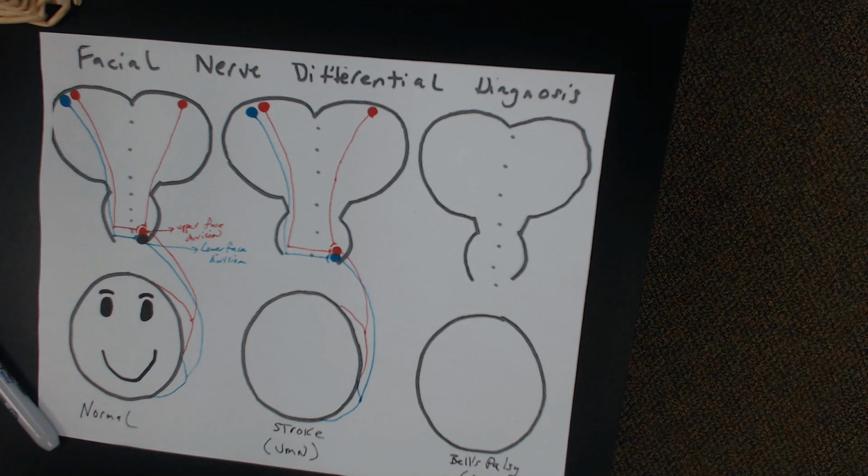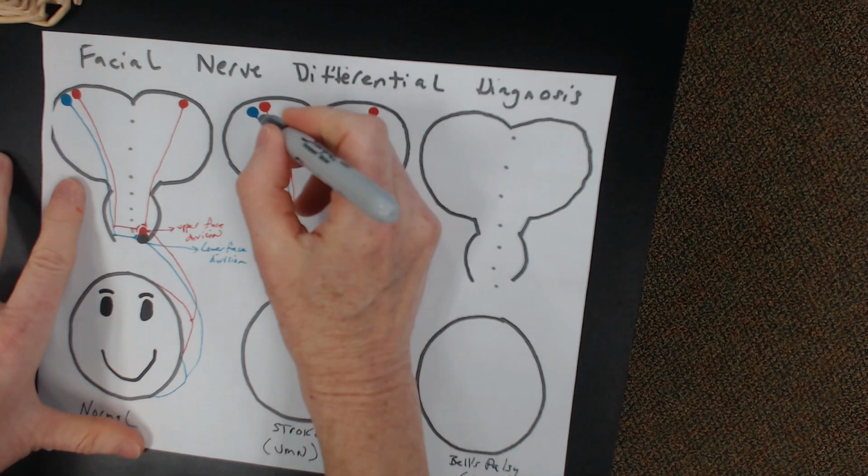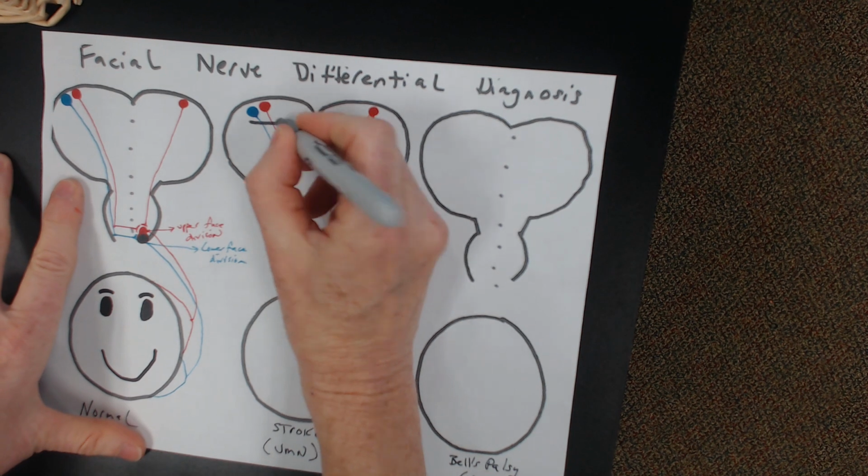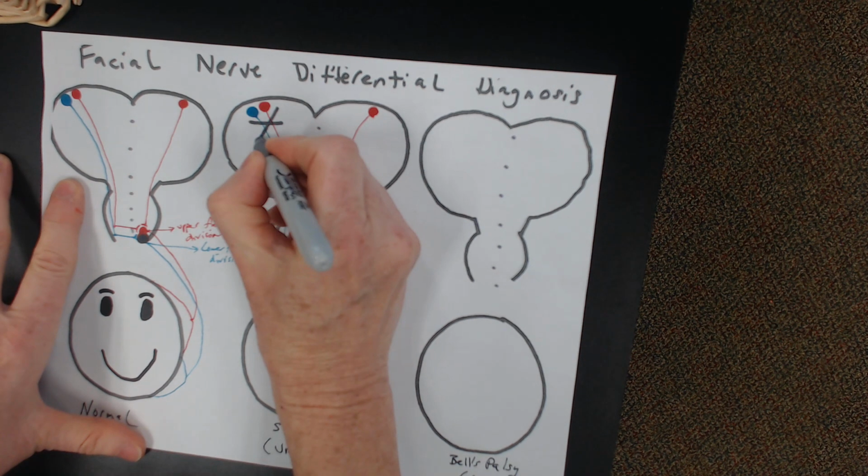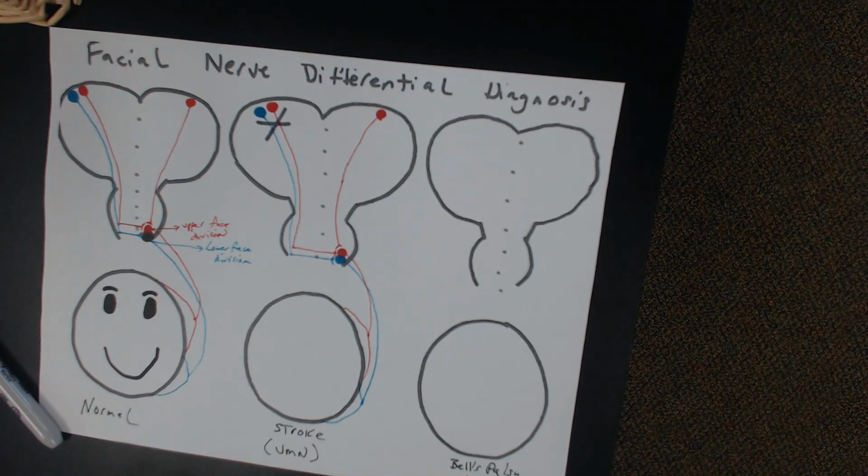Nothing new yet. Okay, let's say that in this particular case, it's going to be a stroke, which is the upper motor neuron presentation. So the stroke happens at the level of the cortex, and it happens here. So what should the smiley face look like?